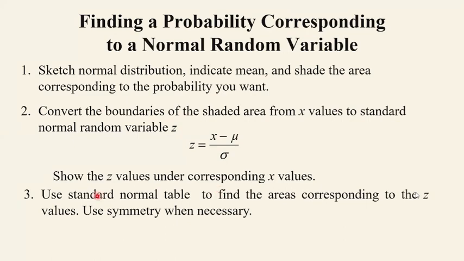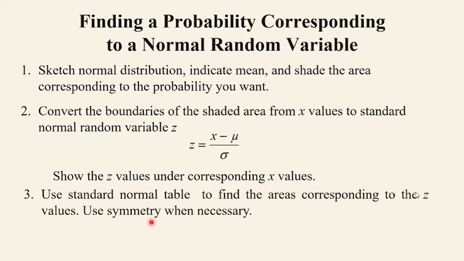Then we have to use the standard normal table to find the areas corresponding to the Z values. When finding the corresponding values using the standard normal, sometimes we have to use the symmetrical point and total probability. These are the things we have to use to calculate the appropriate probabilities, right?